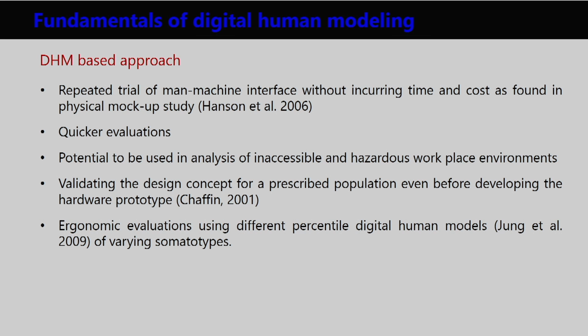Then validating the design concept for a prescribed population even before developing the actual hardware prototype is also possible. That means we can go for proactive ergonomic evaluation using digital human modeling software before developing the actual physical mockup or prototype. Ergonomic evaluation using defined percentile digital human models of varying somatotypes is also allowed by digital human modeling.